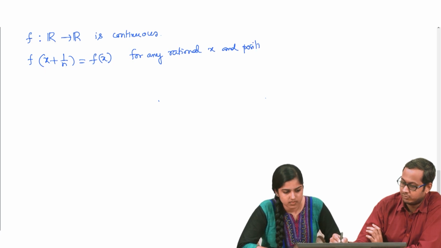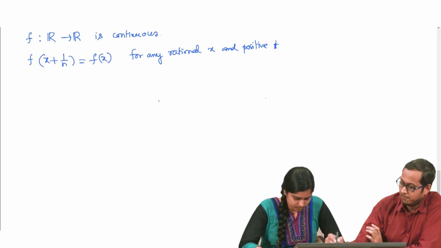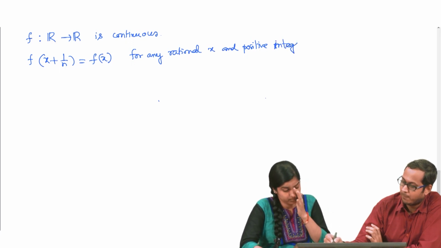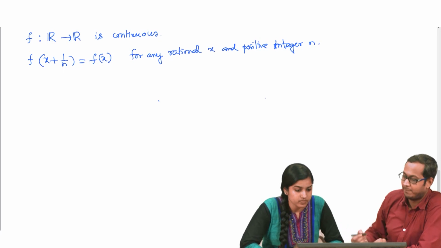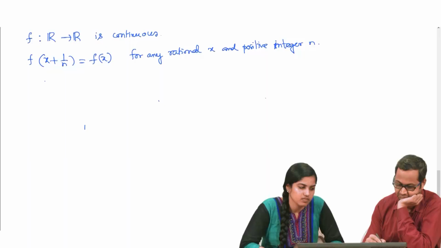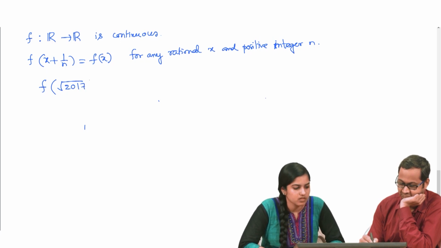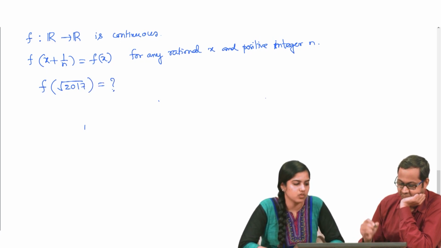Is the condition clear? Yes. What is my question, or what is it that I want? I want you to find the value of f at square root of 2017. Is it clear? Yeah.